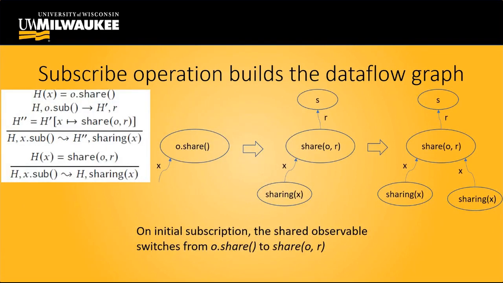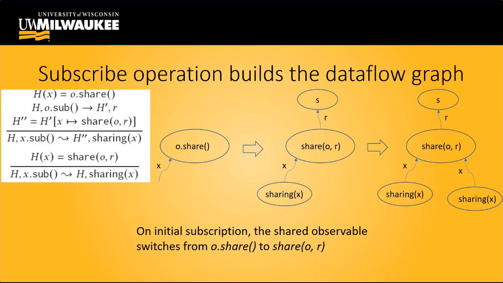RxJS has several forms of shared observables, which are called subjects. A shared observable can have multiple subscribers, while other types of observable have just one subscriber. The share operator returns a shared observable that controls the lifetime of the source observable using reference counting.